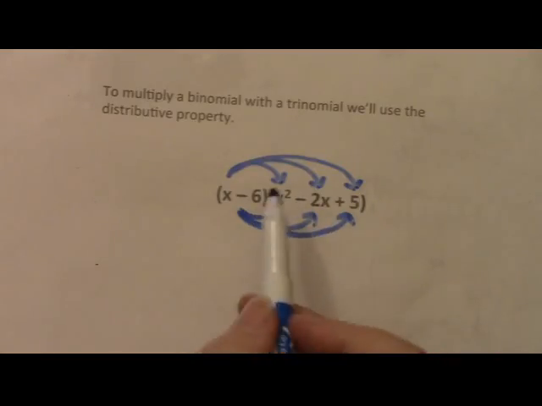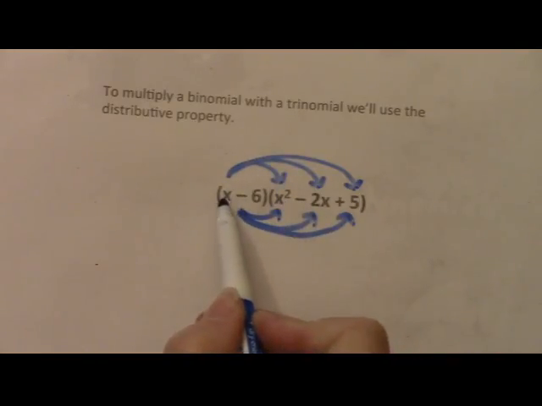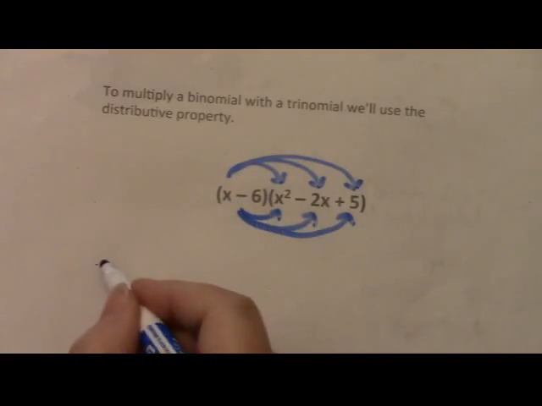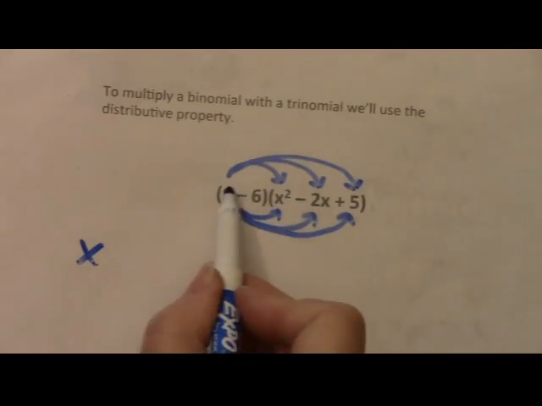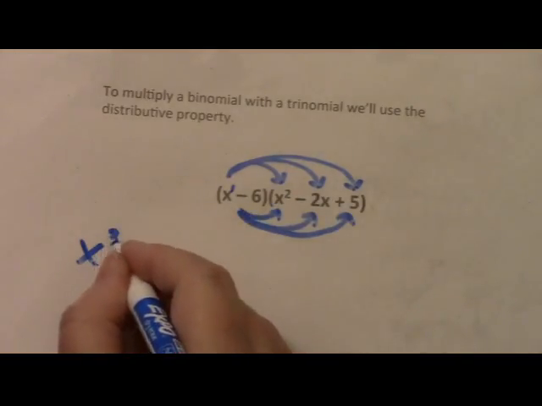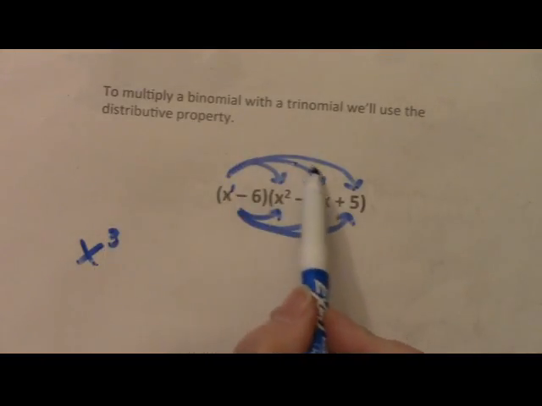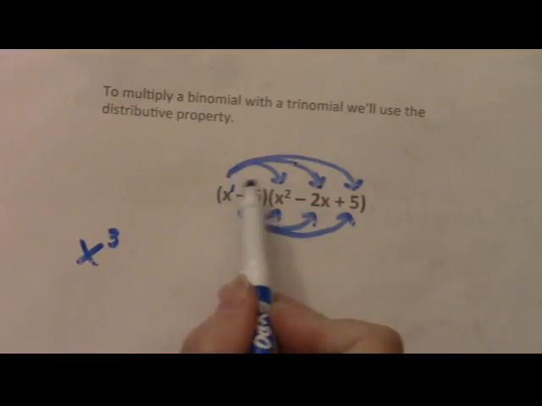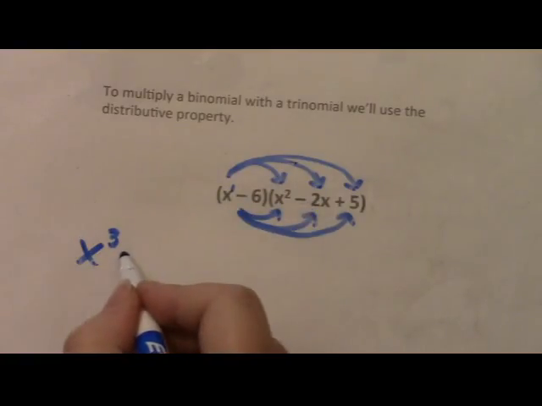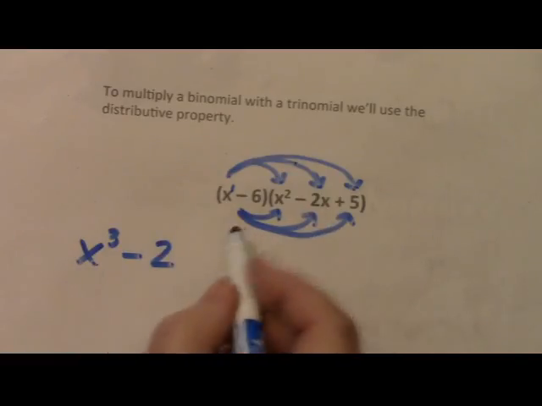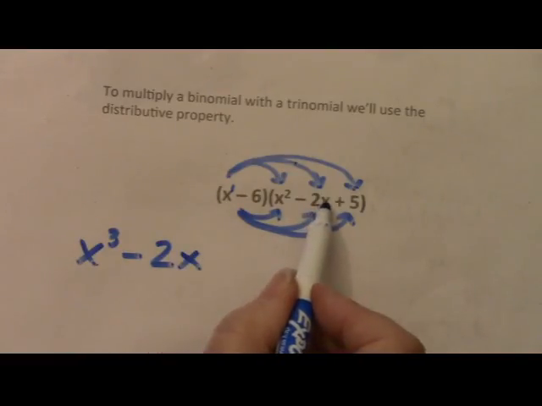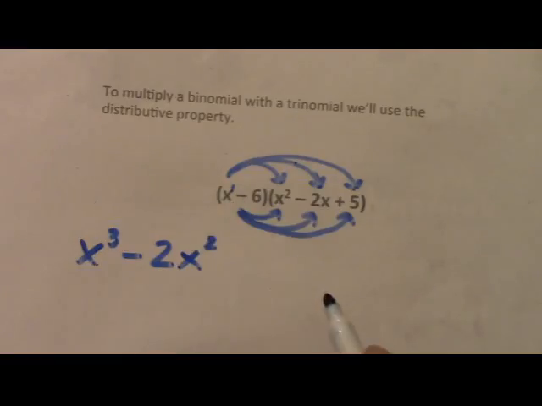So let's do our first. X times x squared. Positive times positive gives me a positive x cubed, because there's 2 here and 1 there. My next term, positive x times negative 2x gives me negative 2x squared.